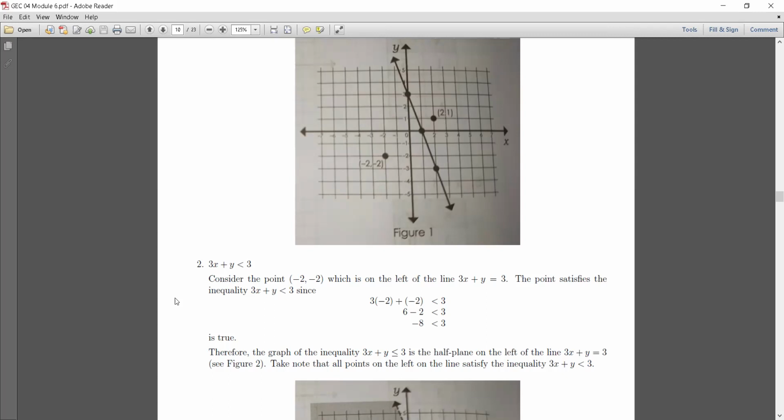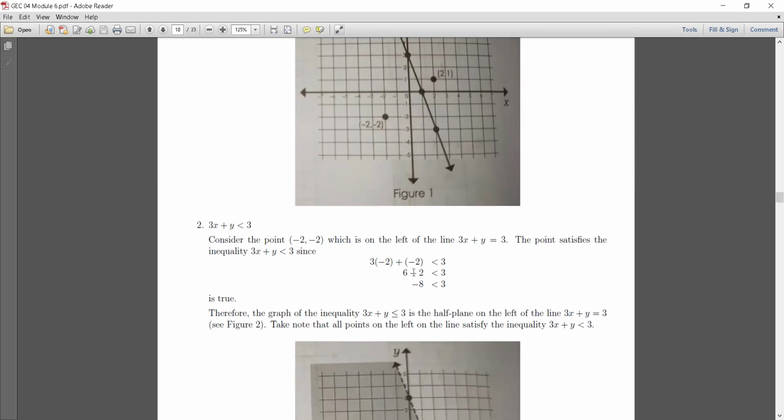Okay? So, sa example natin, yung point na ginamit natin is -2, -2. So, doon sa graph, nandun siya sa kaliwa ng line natin. So, kung isa-substitute natin si -2, -2, so ito si x and y coordinates natin doon sa inequality natin, makukuha natin tong -8 is less than 3. Now, is this true or false?